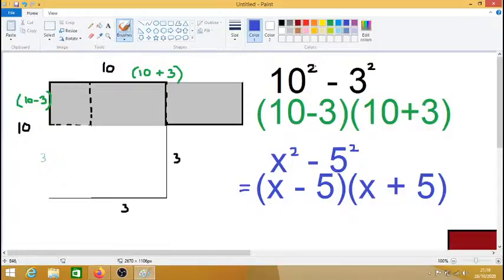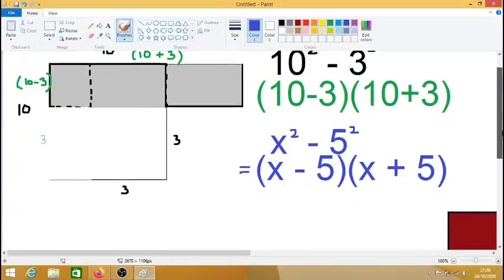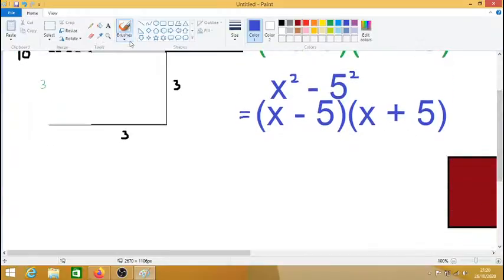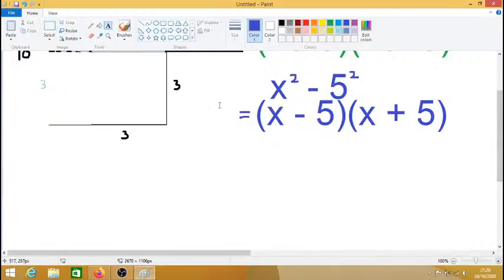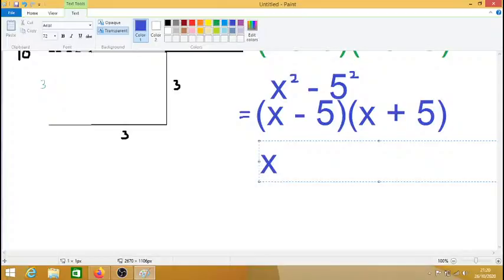And then sometimes, because you should know your square numbers quite well, rather than write 5 squared, you might see a situation where you've just got the answer to 5 squared. So let's say I had x squared as the big square, take away the second, smaller square, which had an area of 25.